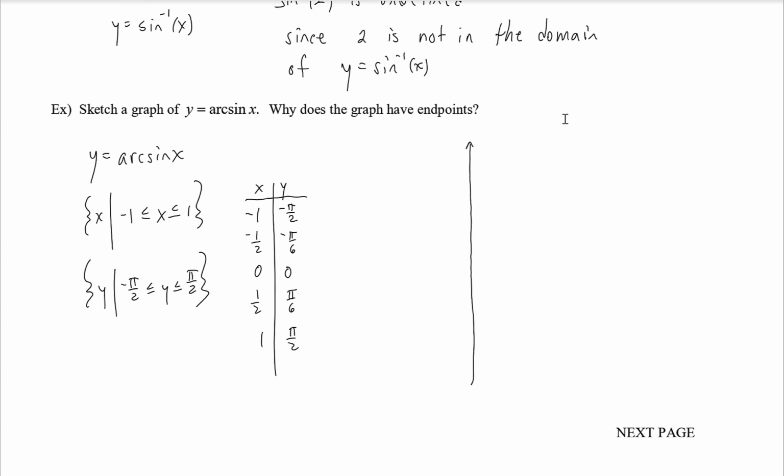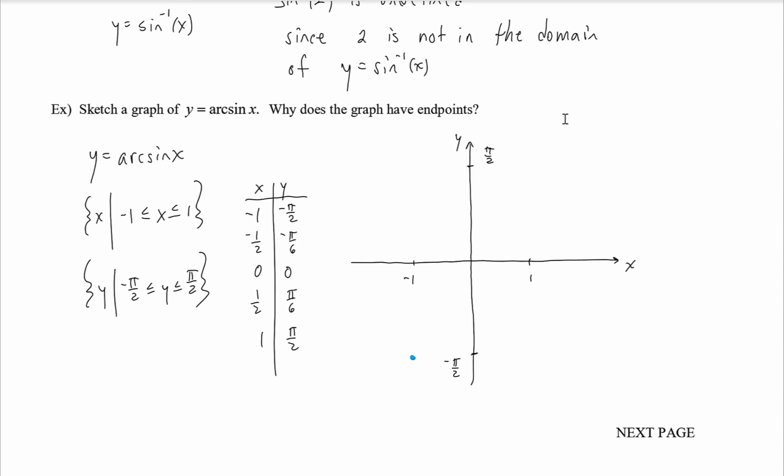I can do as many coordinates as I want. If I need to use a calculator, I can, right? Because there's lots of angles for which we don't know the sine ratio precisely. All right, so let's see. X goes -1 to 1. So if this is -1 and this is 1, negative pi over 2 to pi over 2. If we plot these coordinates, -1, negative pi over 2, -1/2, negative pi over 6.